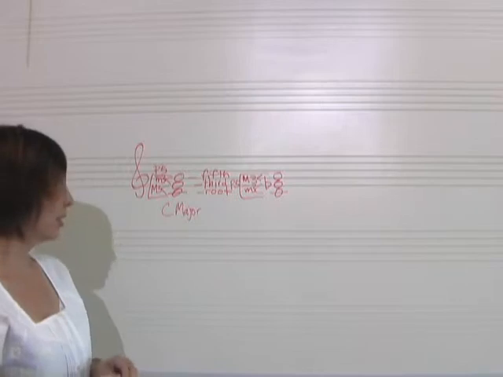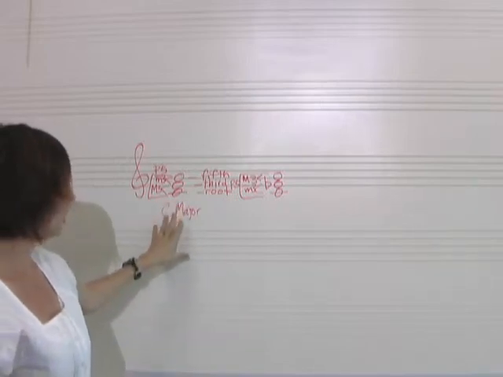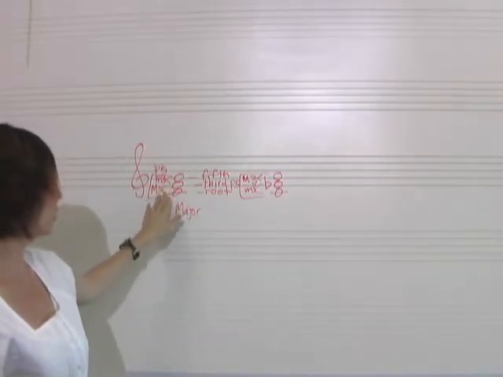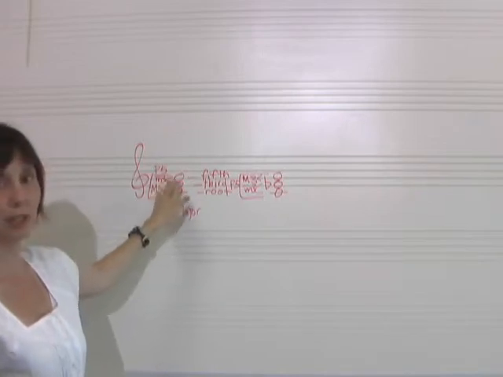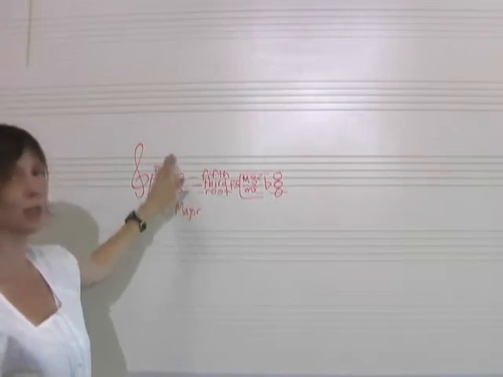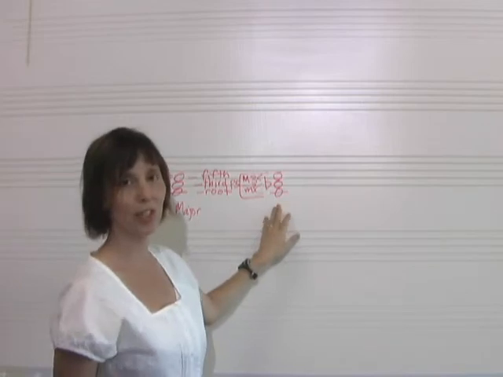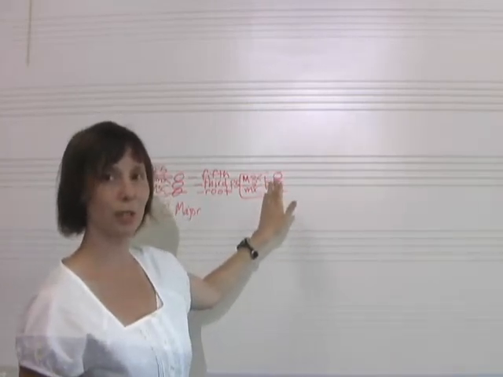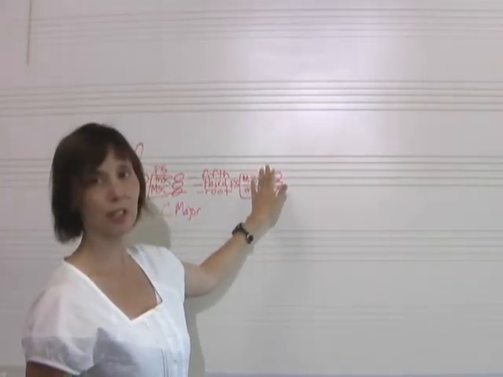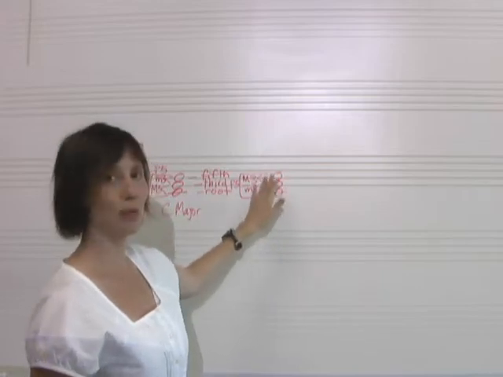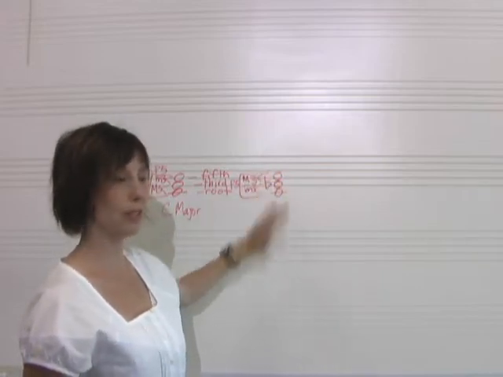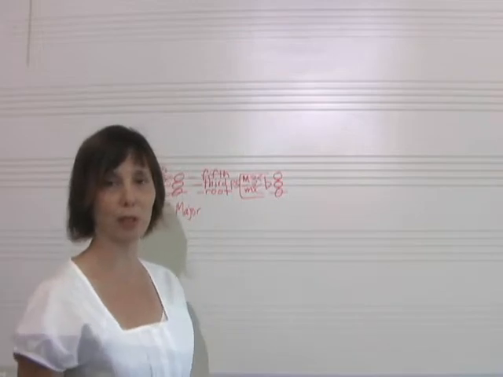So, major triads have a major third on the bottom, minor third on top, and a perfect fifth from the root to the fifth. Minor triads have a minor third on the bottom and a major third on top, and they still have a perfect fifth from the root to the fifth. I'd like to play both of those for you before we go on.